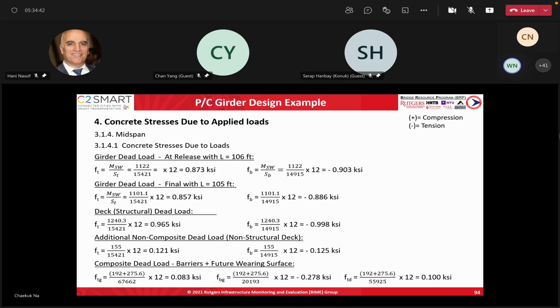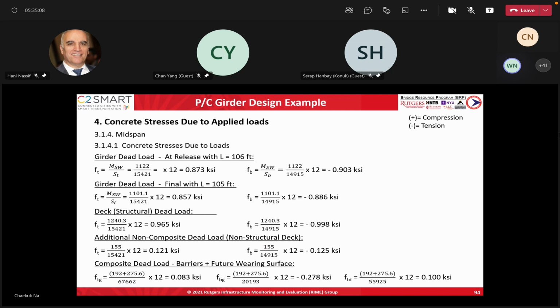So when it cambers, it rests on its ends. So it's 106 feet. Now later, when it's placed on the piers or abutments, it's 105. This is more critical, of course, the higher span, but it's not very different. Then we calculate the stresses in the girder due to the load of the deck.